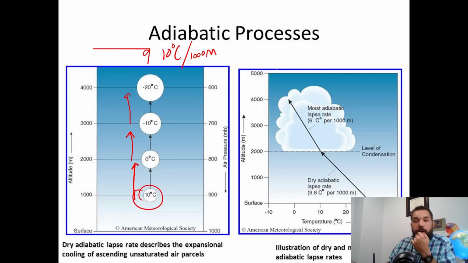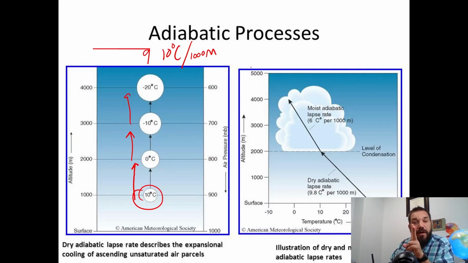The adiabatic lapse rate is the lapse rate, the change in temperature from adiabatic processes, from adiabatic cooling or heating. It's the amount of temperature change due to depressurization or pressurization of a gas. All right, that's what an adiabatic lapse rate is.